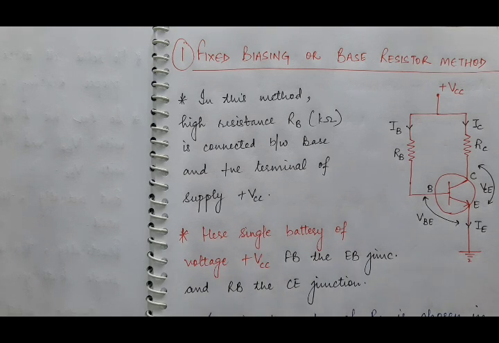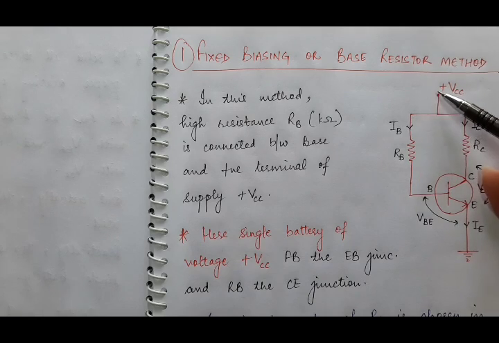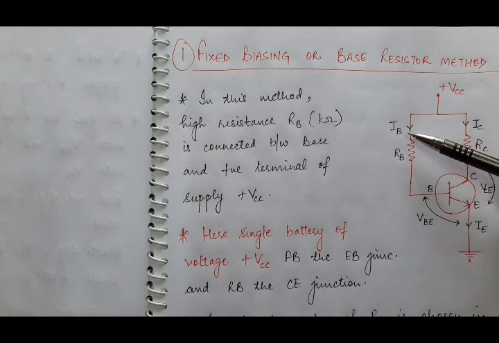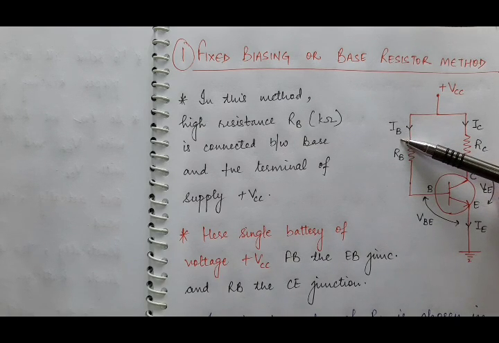And how will we find that? By applying Kirchhoff's voltage law to the input circuit as well as to the output circuit. First, apply Kirchhoff's voltage law to the input circuit. From this, you will find the base current IB, and we know that in a common emitter transistor, the collector current IC is beta times IB.